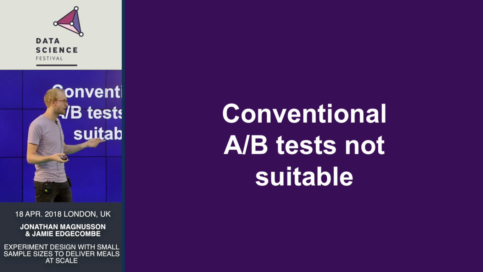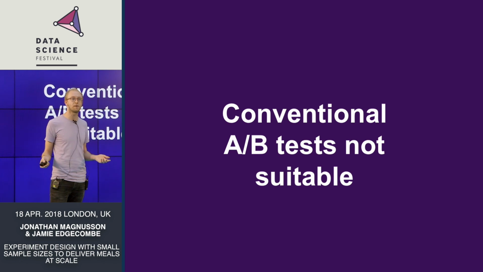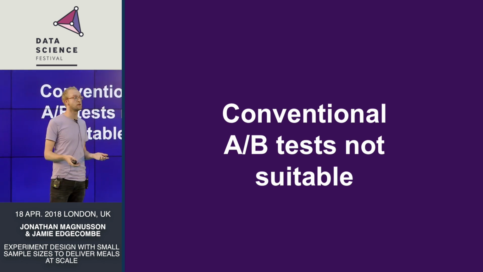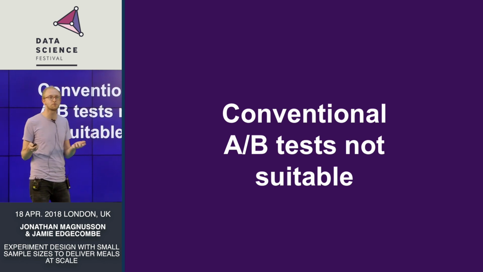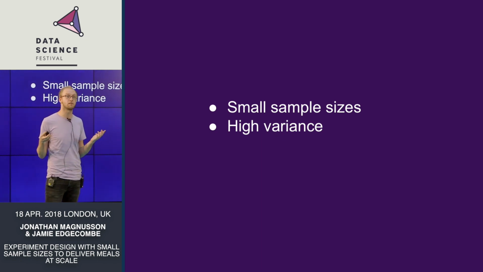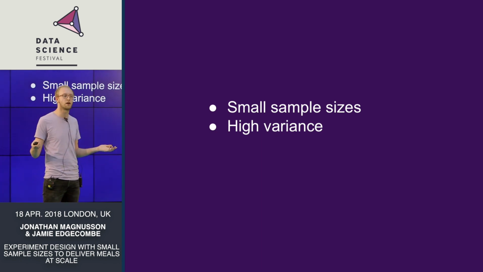And because of this aggregation, what it tends to mean is that conventional A/B tests, as Jonathan was describing, often aren't suitable. There are lots of reasons really, but two of the main reasons are, one, the sample sizes tend to be small. If we're making a change that affects London, for example, and we're looking at zones, we've got fewer than 100 zones across London. Obviously, London's a huge city.